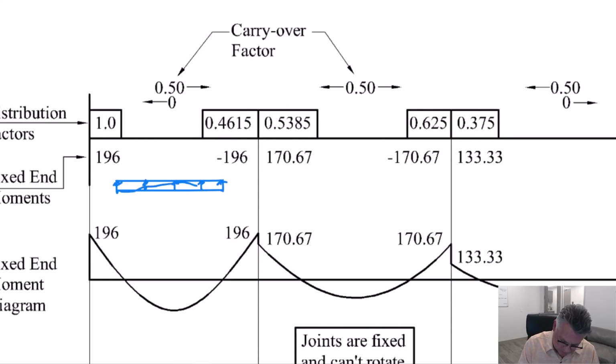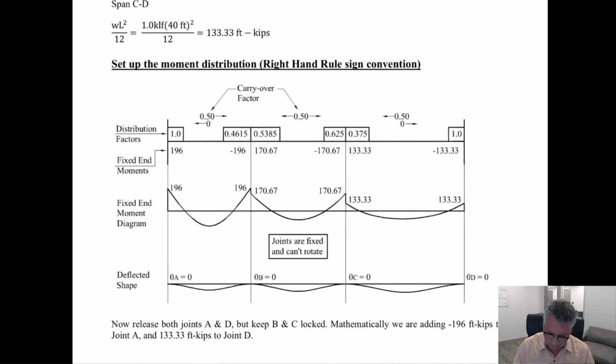So the deflected shape is going like that, and you're actually going to have moments going the other direction. So if this was a pre-stressed concrete load case with the loads going up, this would end up getting the negative sign and this would get the positive sign. We're not quite there yet, but we're getting close.